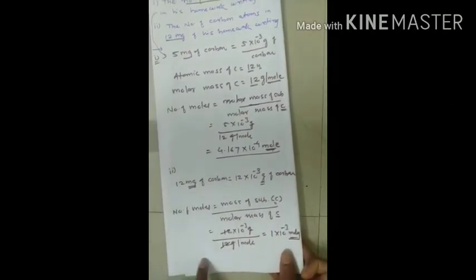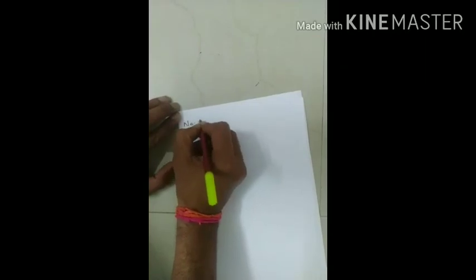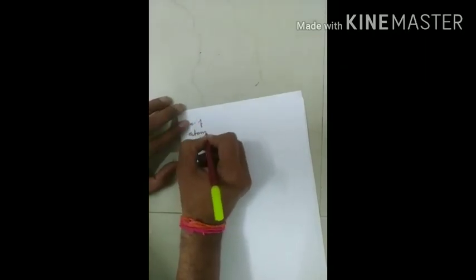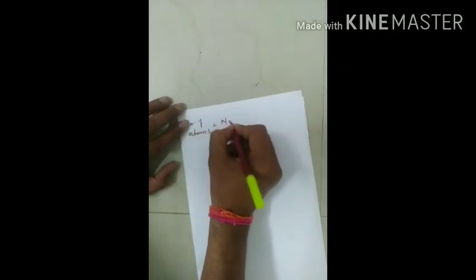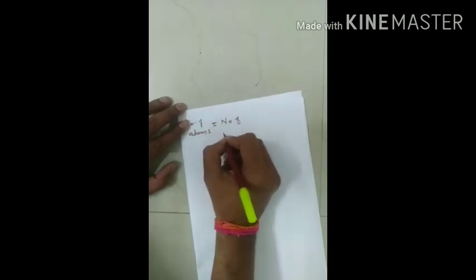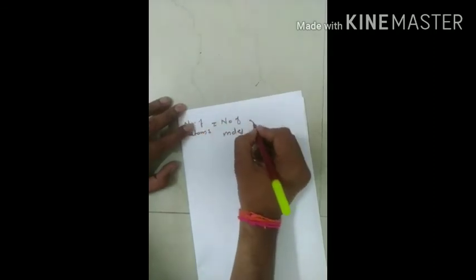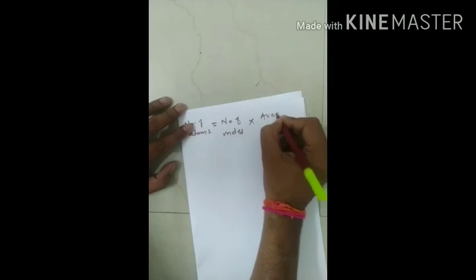Now we are going to calculate the number of atoms. Number of atoms equals number of moles into Avogadro's constant.